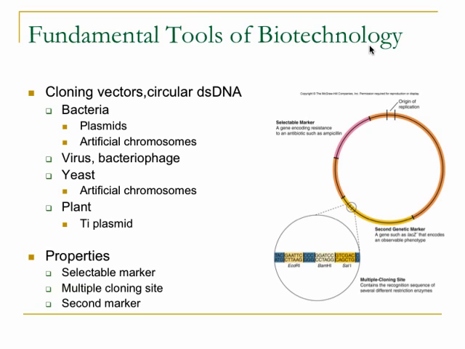So these are the features of a successful cloning vector, whether it's a bacterial plasmid or a yeast chromosome or a plant plasmid, or even a virus, such as a bacterial virus called bacteriophage. All of these can function as vectors because they can have their own origin of replication, so that's required.